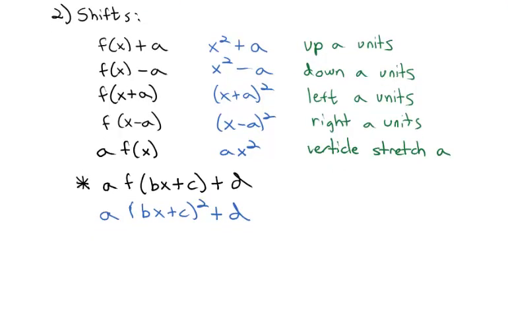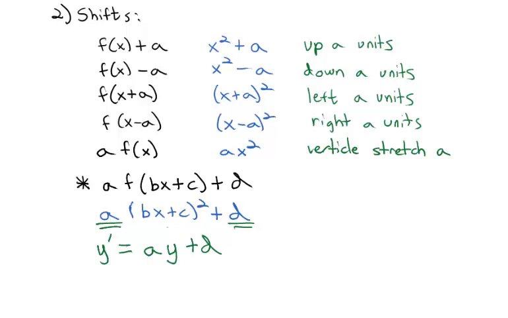What we found is that the new y-coordinate, which we called y prime, is equal to the outside stuff: a times the old y, which represents the function, plus d.